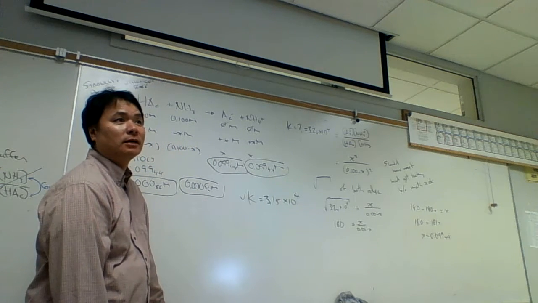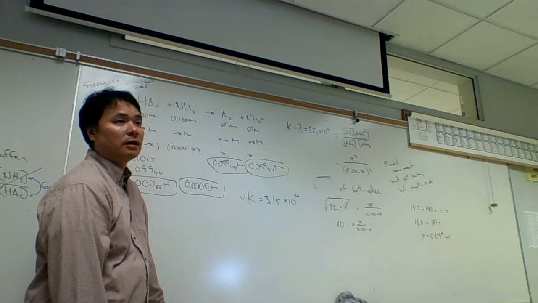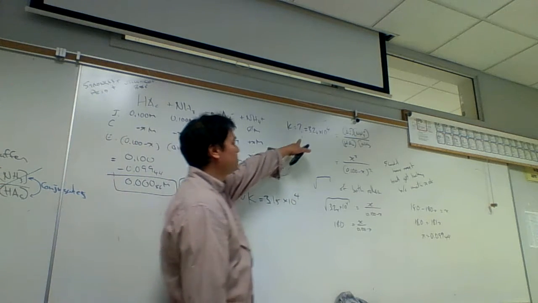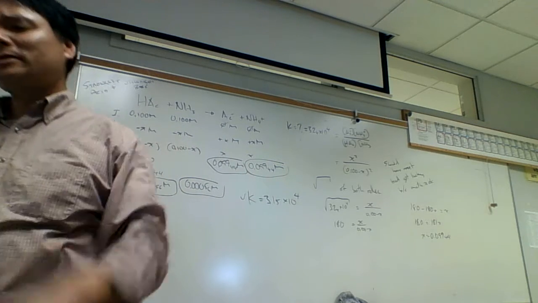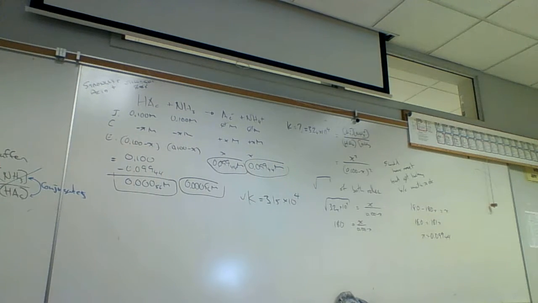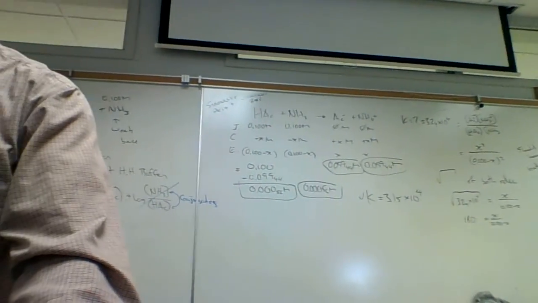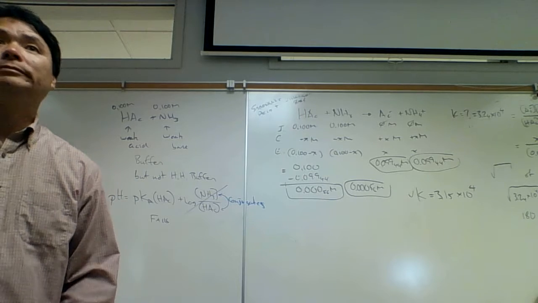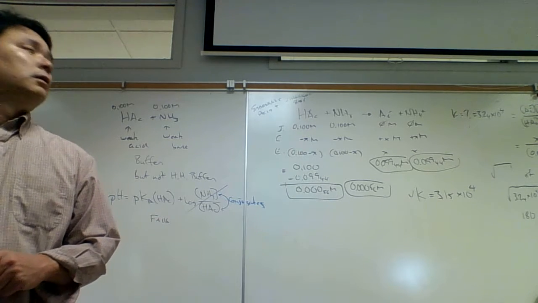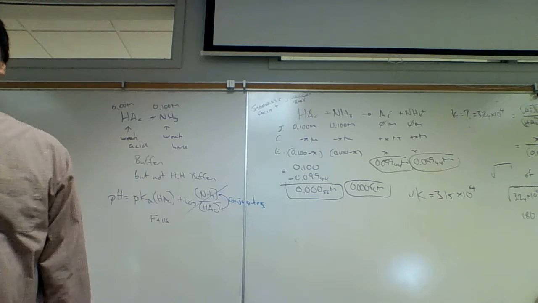Did I make a mistake? It's off slightly. I mean, this rounds to 3.2, that rounds to 3.2, so it's acceptable. They both round to 3.2, but it's off a little bit more than what I would have expected. Maybe I should have carried some extra digits. Okay. All right, now what?